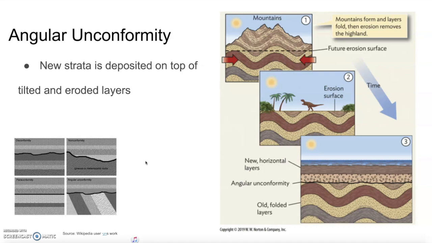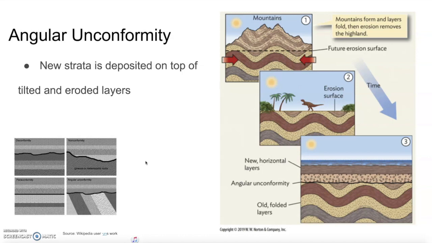It's when new strata or layers are deposited on top of tilted and eroded layers. The main point is that the bottom layer is no longer horizontal. It's now angular. It has been somehow folded tectonically, and then deposition has occurred on top of it.